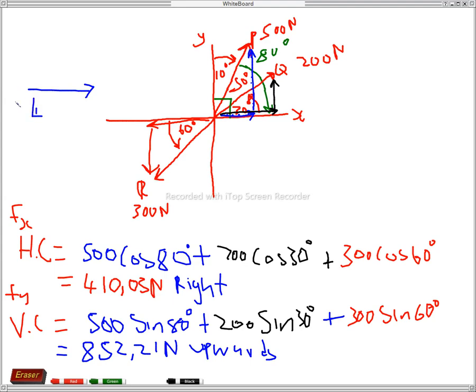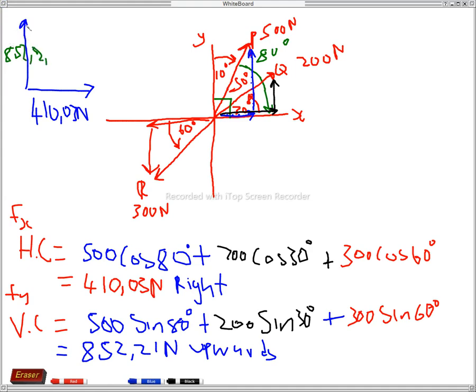Therefore, I can simply say it is 410.03 newtons. And then for the vertical, since it's going in the upwards direction, I can simply represent it with a line that is facing to the north, or upwards.